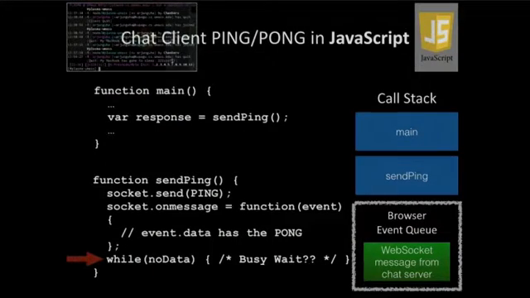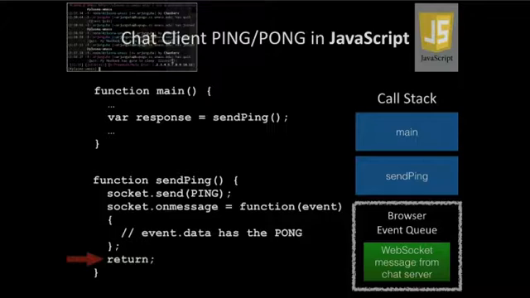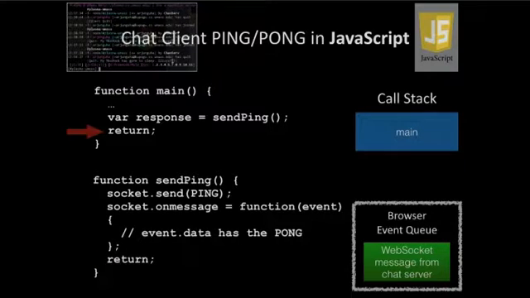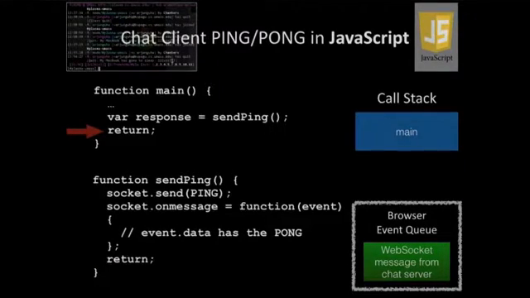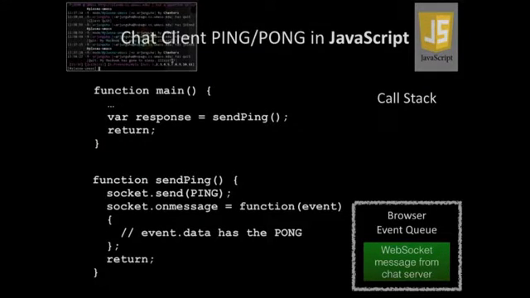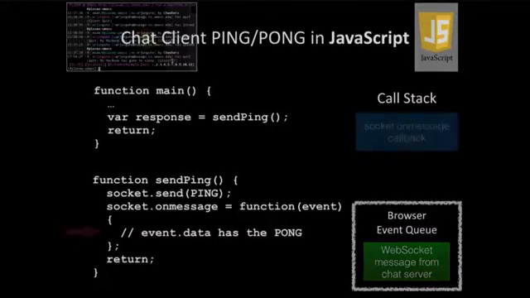In any case, the only way to unblock the browser event queue and receive the WebSocket message that is queued up in there is to empty the JavaScript call stack, which means we have to return from sendPing, and then we have to return from main. Now the JavaScript call stack is empty, and the browser will fire its next event, which triggers our callback.